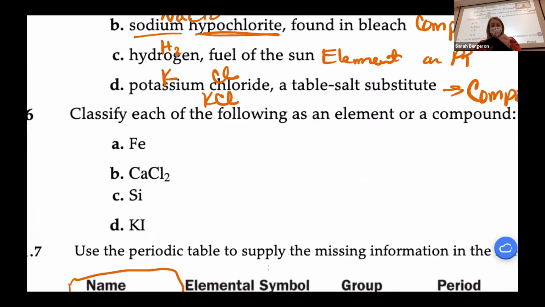Ooh, I'm still on a highlighter. Element. CaCl2. Compound. Si. Element. Ki. How did you know it's a compound? It's two letters. The second one would be lowercase if it were the same element, just like in Al and C. Good job.